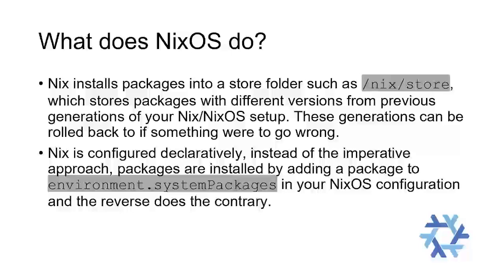There you can go into environment.systemPackages to add packages, and configure the time zone by setting time.timeZone equal to the string "Europe/London", for example, to say that you want the London time zone. And of course, doing the reverse will do the contrary.